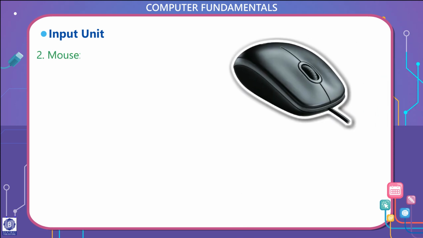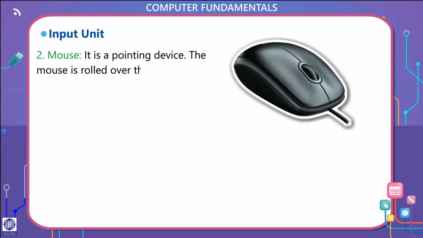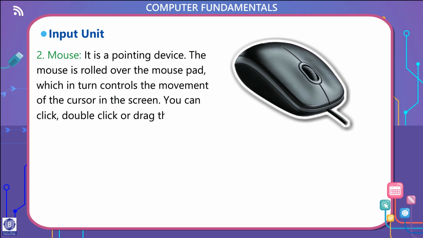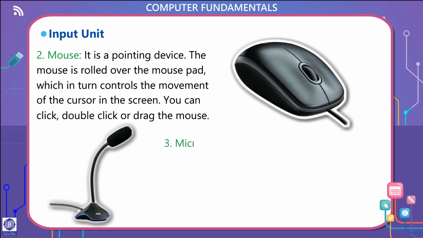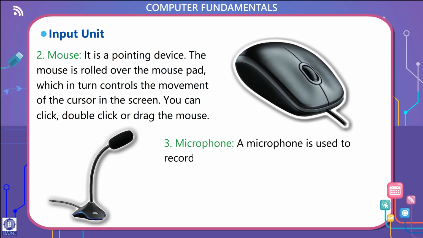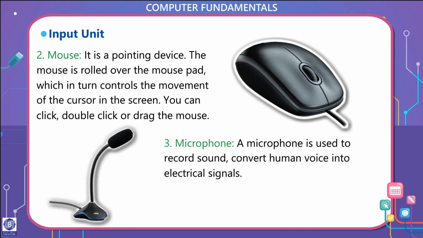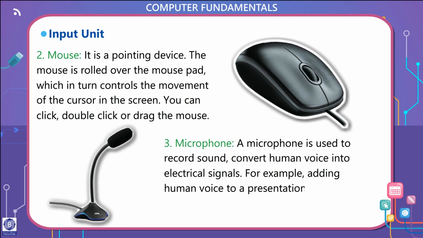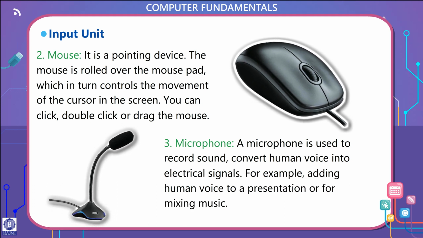Number 2. Mouse. It is a pointing device. The mouse is rolled over the mouse pad, which in turn controls the movement of the cursor on the screen. You can click, double-click or drag the mouse. Number 3. Microphone. A microphone is used to record sound, convert human voice into electrical signals, for example, adding human voice to a presentation or for mixing music.